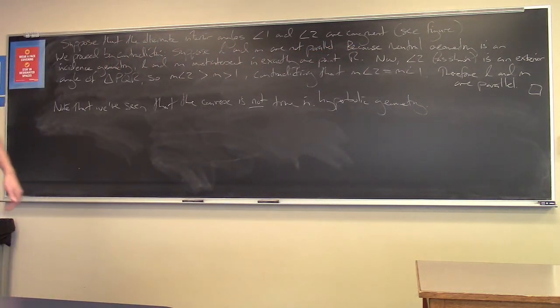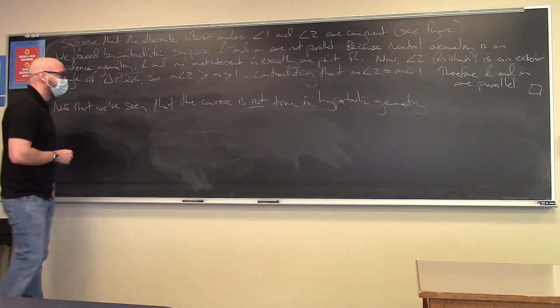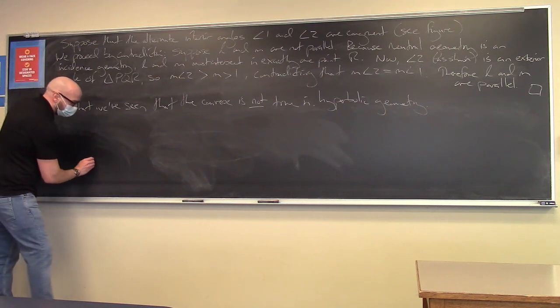Which would, of course, say if two lines are parallel, then transversals create congruent alternate interior angles. But I wanted to point this out because now we have a model to work with.